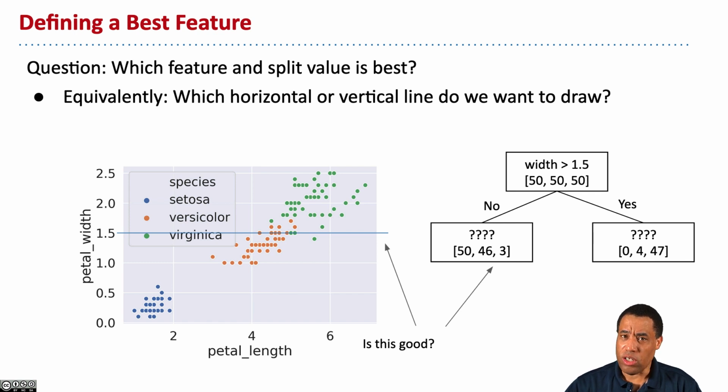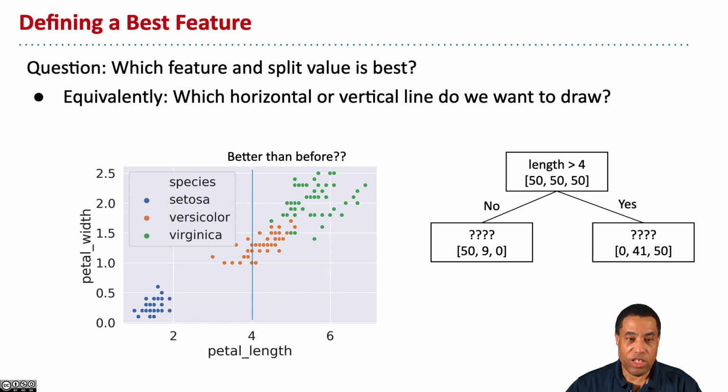So is that good or not? It does help, right? We've eliminated all of the setosa from the right node. So that's reduced the number of classes, but we don't have a pure class on the left and we don't have a pure class on the right. So maybe we could do better.